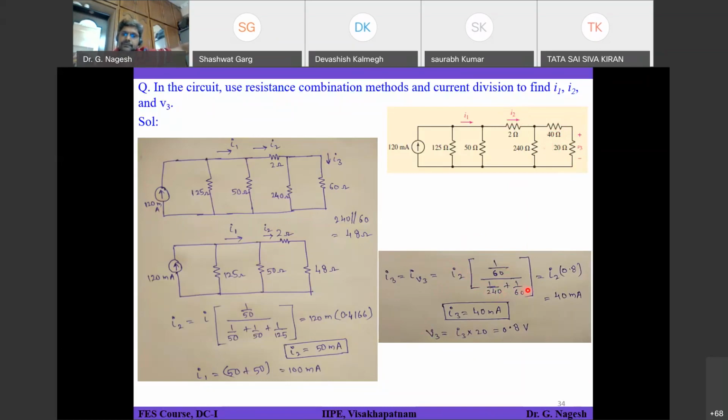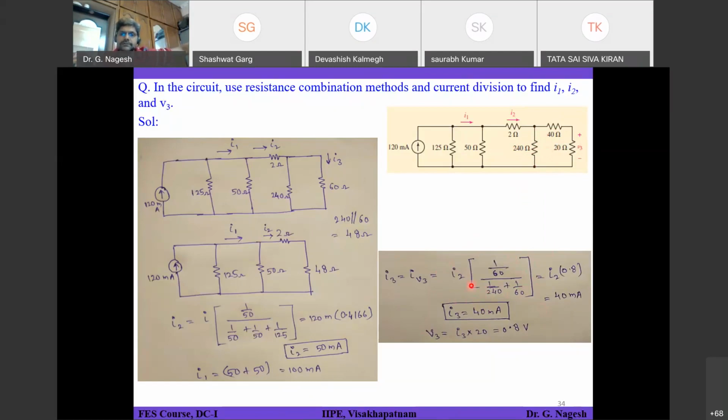If you want, you can straight away follow this, or otherwise you can use this combination and find out the current. Or you can apply KCL assuming some voltage and then find out that voltage, and then find that voltage divided by this resistor will also give you the current in the different branches. You can apply any method, but this is the simplest thing for now.